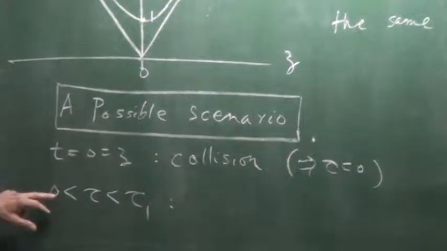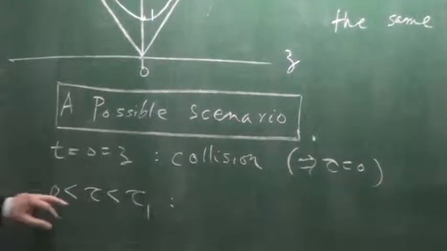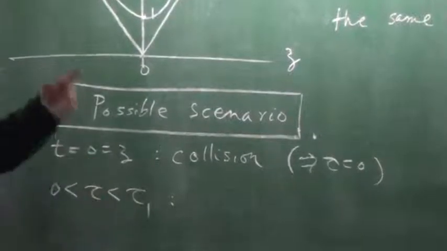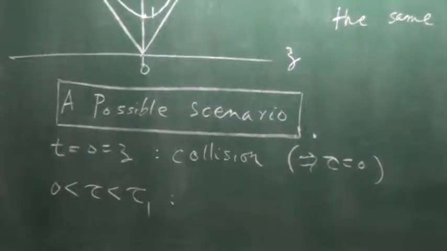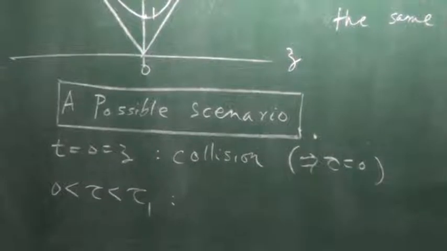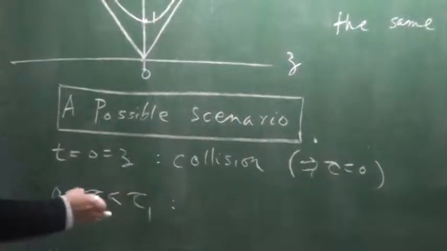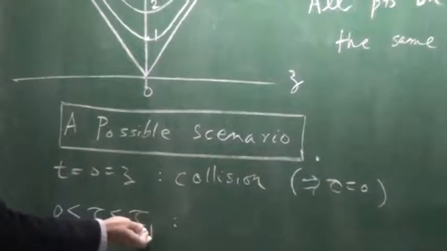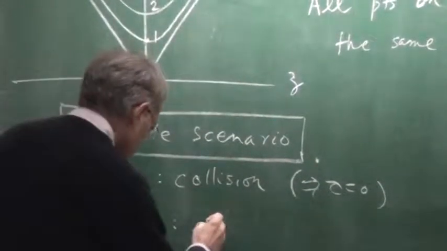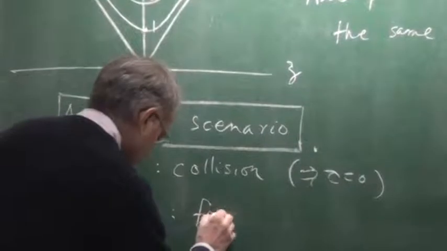So from time tau 0 to tau 1, as we saw earlier, the real partons emerge from virtual. It takes some finite time. Let that be tau 1. So it is the formation.